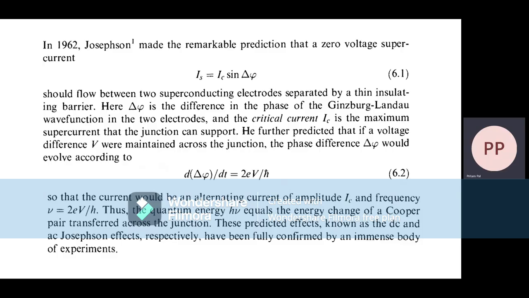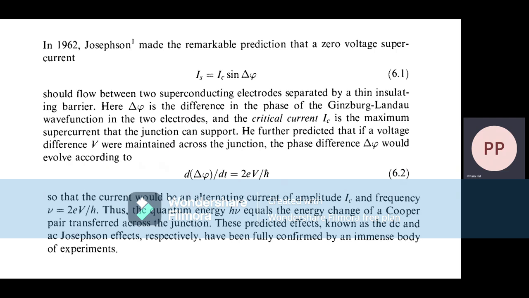So here, del phi is the difference in the phase of the Ginzburg-Landau wave function of the two electrodes, and the critical current IC is the maximum supercurrent that the junction can support, right? He further predicted that if a voltage V were maintained across the junction, that's what I've already told you, this phi would evolve accordingly.